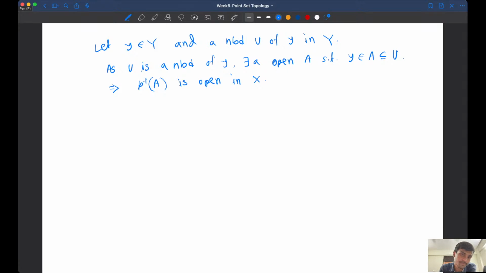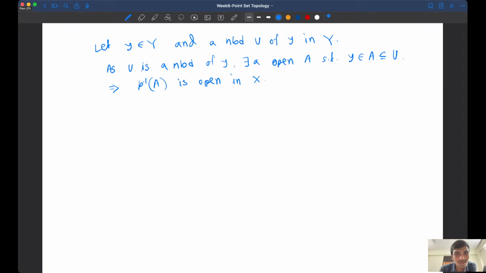Okay, so now let's pick any element inside P inverse y. Then P inverse y is a subset of P inverse A, so using local connectivity, okay, maybe I don't know whether this is again going in the same way.